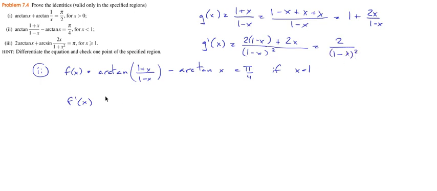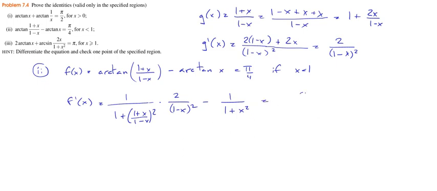Now f prime is the derivative of the arctangent, so this is 1 divided by 1 plus the square of (1 plus x) divided by (1 minus x), times the derivative of this, which is 2 divided by 1 minus x squared, minus the derivative of the arctangent of x, which is 1 over 1 plus x squared. Let's operate with this.